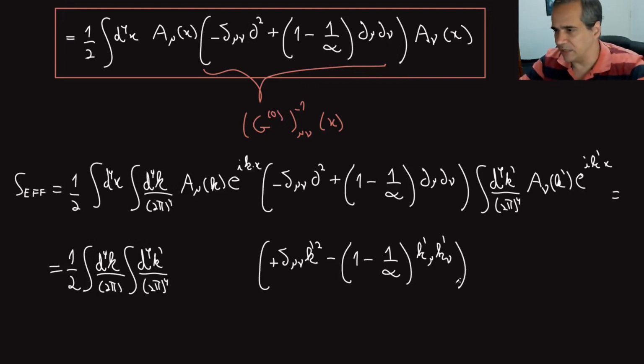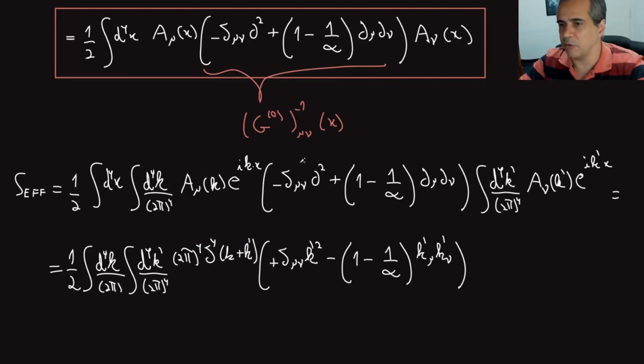Once I do that, right, these two exponentials here can be integrated using d^4x right there, right? That's just (2π)^4 Dirac delta of k plus k', right?